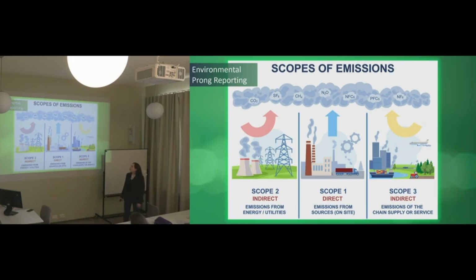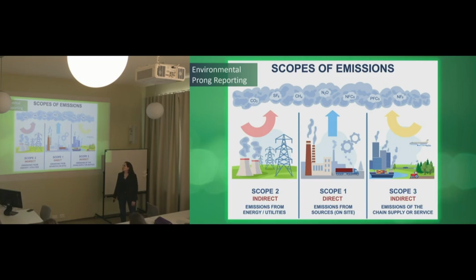So one of the things that we look at in the environmental prong is what type of emissions is a company making? So they divide them and categorize them by scope. So scope 1 are direct emissions from the source. So that's the company's own emissions at the site where the company is, or it could be where any of their subsidiaries are as well.